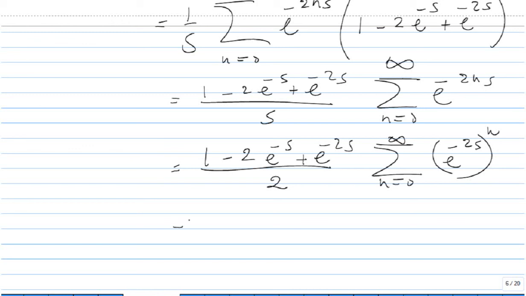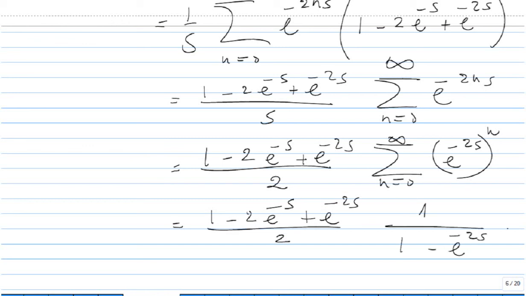So this will give me, by using the sum of a geometric series, 1 over 1 minus e minus 2s. And then, of course, putting the stuff together, we'll find the same formula as we found before.